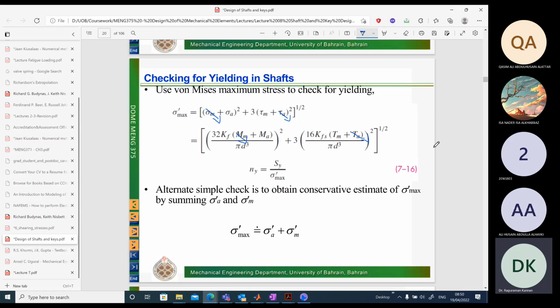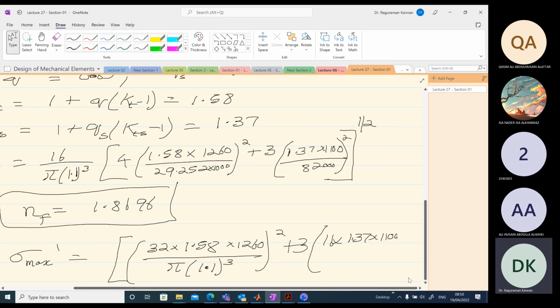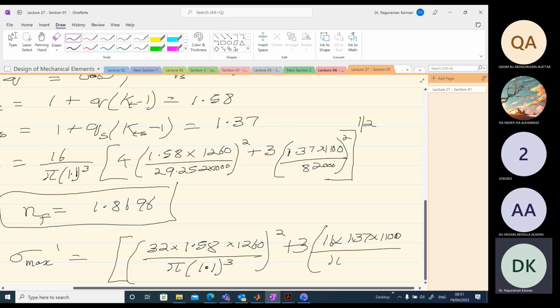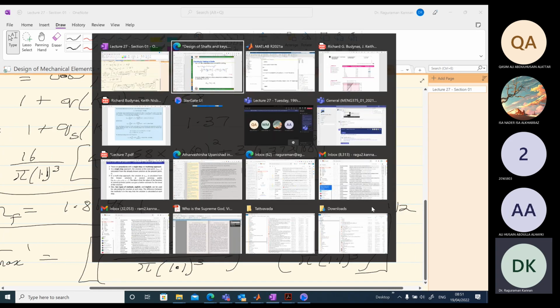And then we have the mean torque 1100, divided by, again, pi d cube, entire square, and then close the bracket, and we have 1 over 2 square root of that. So let's calculate this quantity.